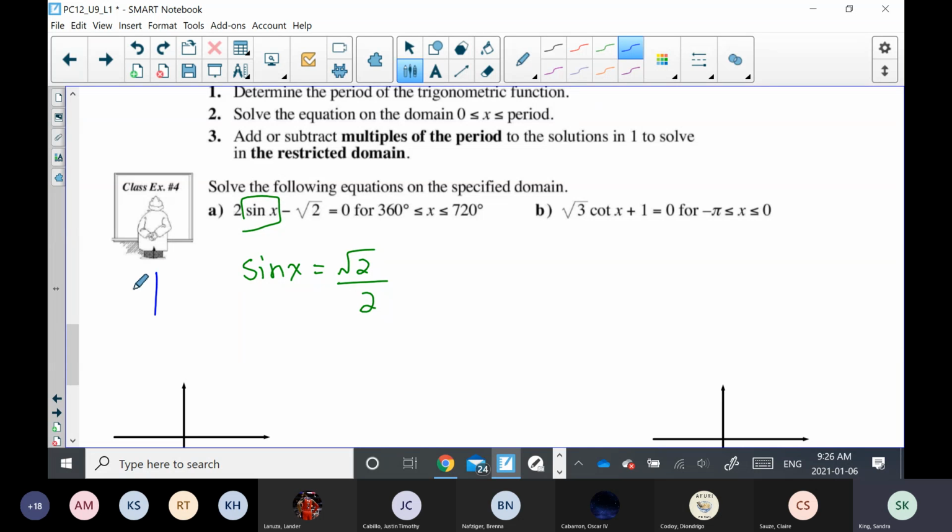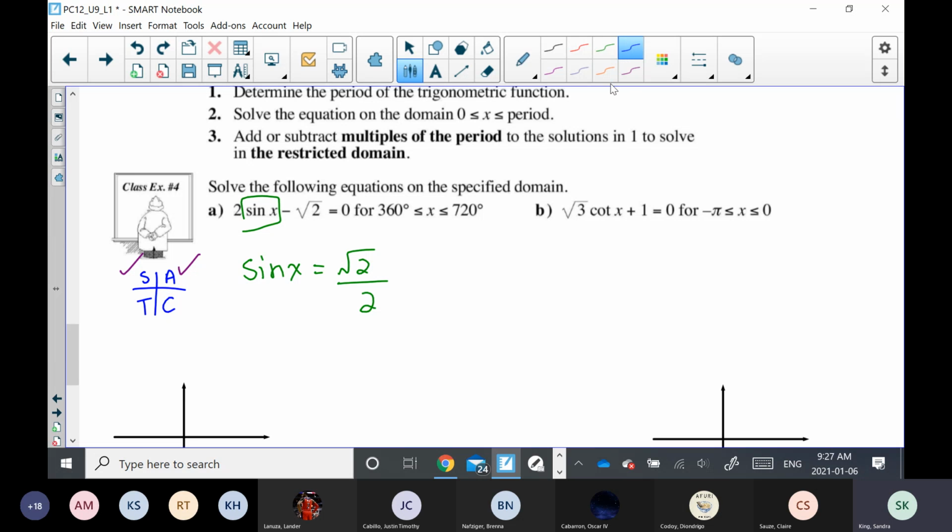Let's do our CAST rule. Check off the two quadrants where sine is positive. Everything is positive in quadrant 1 and quadrant 2, so we should have two different answers. We could do this in a few different ways.